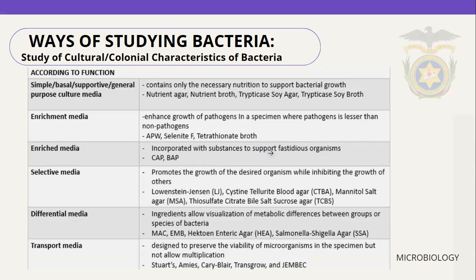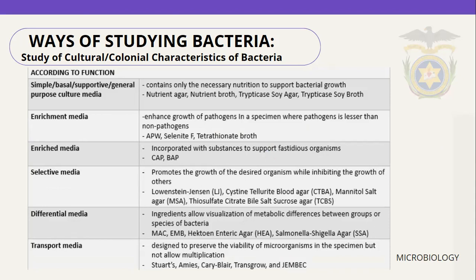And the last one, we should differentiate them according to their function. First, we have our simple or basal or supportive or general purpose culture media, and they contain only the necessary nutrition to support bacterial growth. Our examples here are nutrient agar, nutrient broth, trypticase soy agar, and trypticase soy broth.